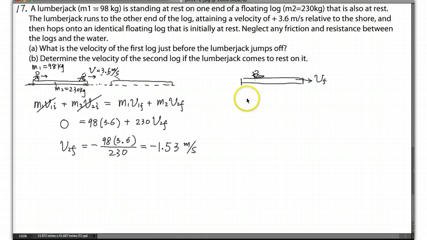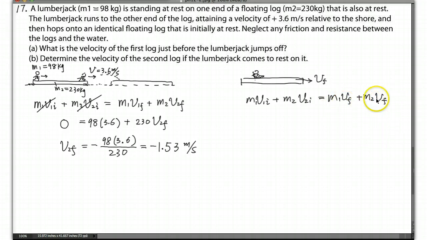Okay, so we still have this m1 v1 initial plus m2 v2 initial equals, okay, now finally be careful, so m1 is gonna have the velocity v final, m2 is gonna have the velocity v final as well.